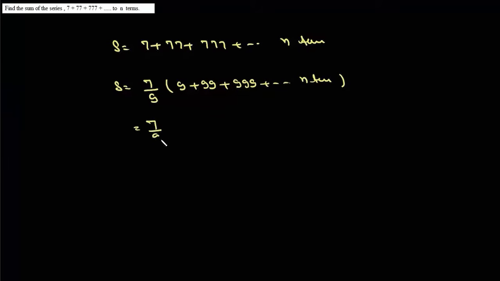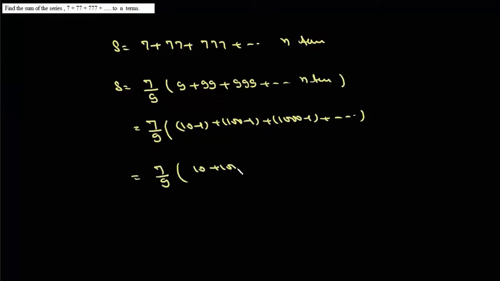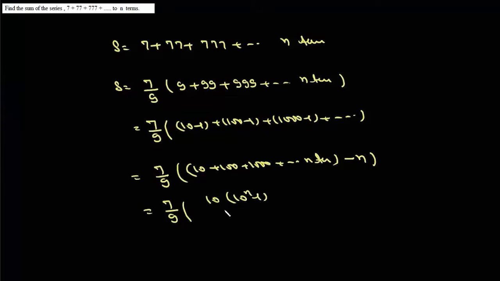Now we can write this as 7 by 9, and 9 is 10 minus 1, 99 is 100 minus 1, 999 is 1000 minus 1, up to n terms. So it'll be 7 by 9 into the GP 10 plus 100 plus 1000 up to n terms, and then we'll have minus 1 minus 1 minus 1 n times, which is simply minus n. Now the sum of this GP is a into (r to the power n minus 1) upon (r minus 1), minus n.